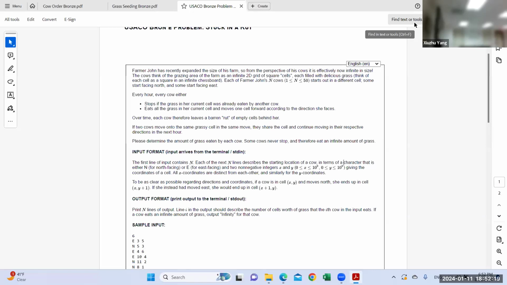If not, I can keep looping until I see it. I will take that value. If I'm equal, I will check all the cows. If a cow never runs into a visited cell, then the answer is infinite.